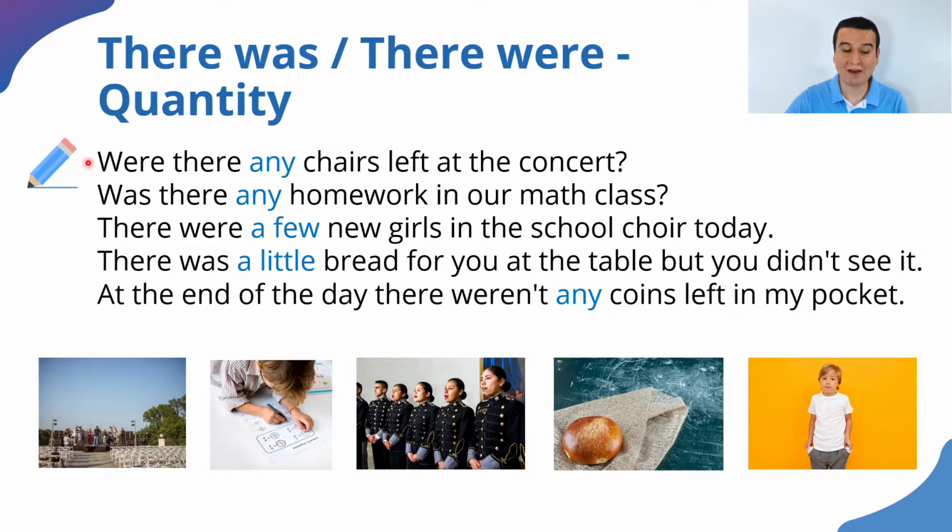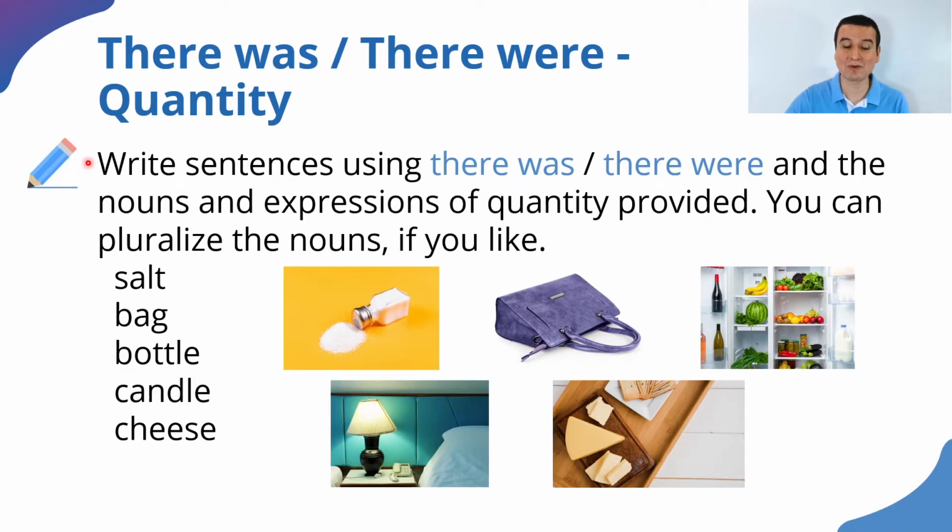And here I have one more practice activity. One simple practice activity. Write sentences using there was and there were, and the nouns and expressions of quantity provided. You can pluralize the nouns if you like. So you already have the expressions of quantity before. I'm giving you these nouns here, all right?